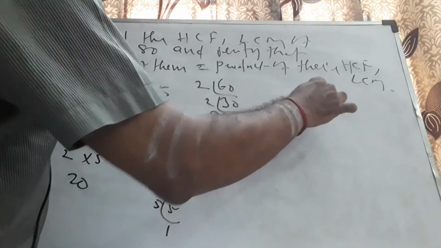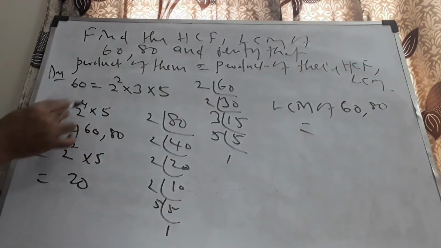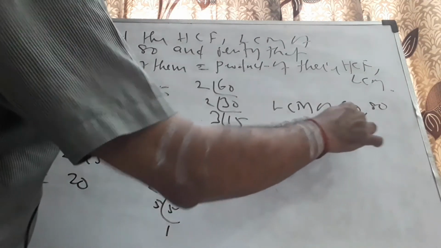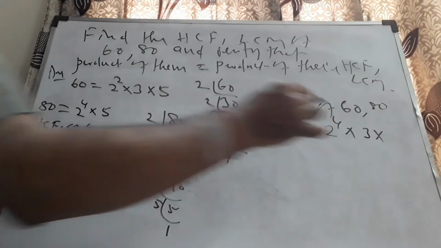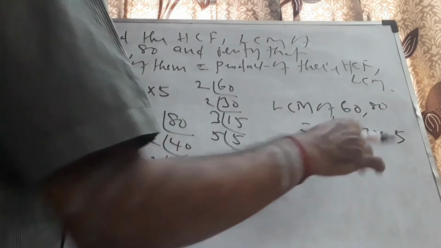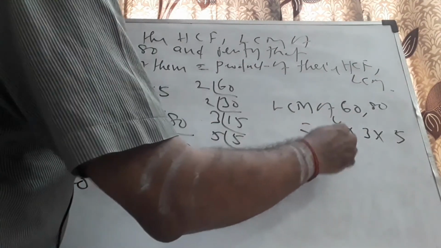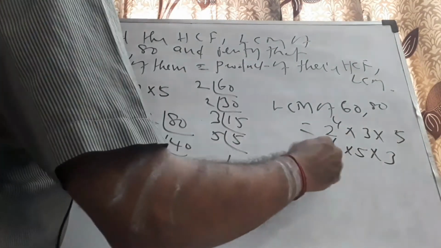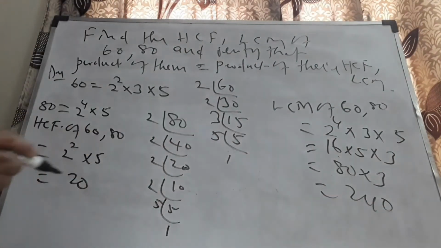Then LCM of 60 comma 80: what are the higher powers? Out of 2 square and 2 power 4, the higher power is 2 power 4. Then I'll take 3 and 5, therefore this is 16 into 5 into 3, which is 80 into 3, which is 240.